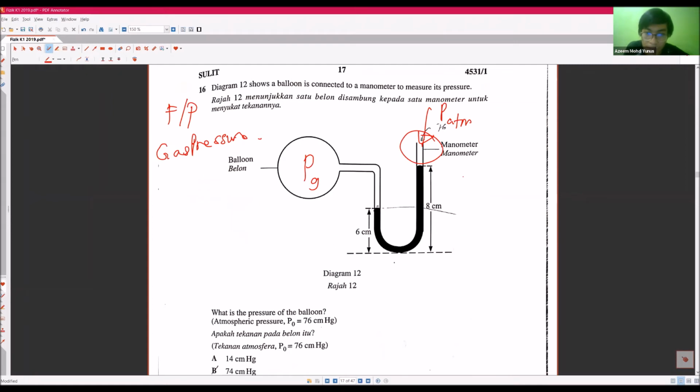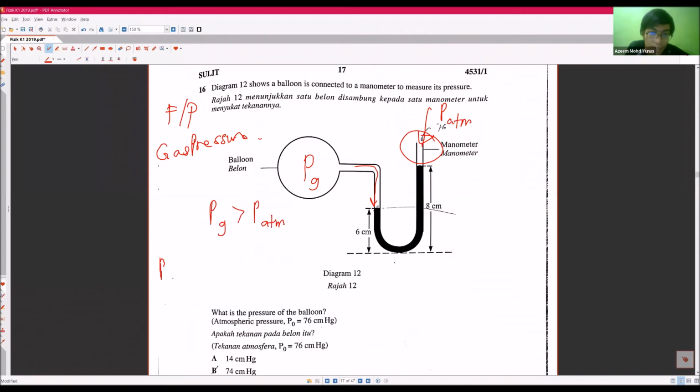If we compare these two, which one should be higher? Compare between atmospheric pressure and gas pressure. The gas pressure seems stronger because it can push this mercury up against the atmospheric pressure that also pushes downwards over here. So the gas pressure is higher. So P gas is higher than P atm.